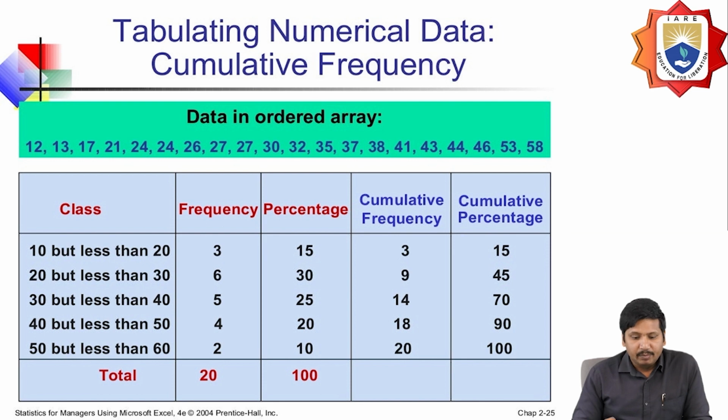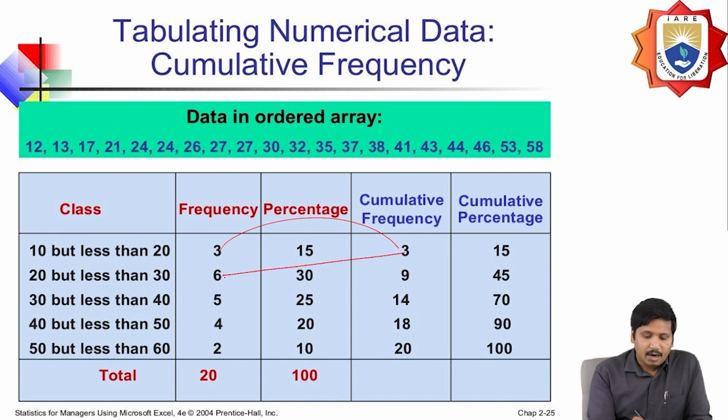And the next one is tabulation, the cumulative frequency. Now how are we going to calculate the cumulative frequency? Cumulative frequency means 3, and this is added to the next frequency. Then I get 9, and this value is added to the next frequency, I get 14 and 18. 18 plus 2, 20.